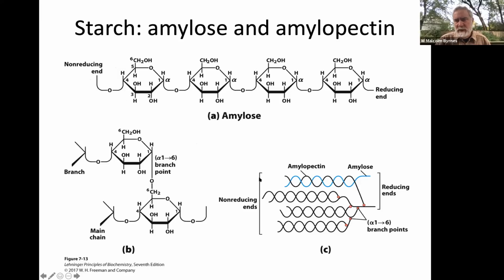If you look at the structure of starch shown here in C, you can see an amylose linear polymer interwoven with one of the branches of amylopectin, which shown here has several of these alpha-1,6 branches coming off. It's highly branched. Now, the amylose molecules will have reducing ends, but the amylopectin, which is branched, will have only one reducing end.